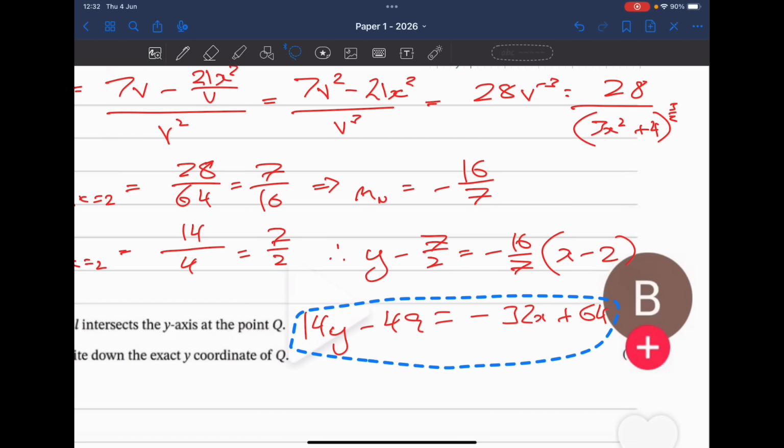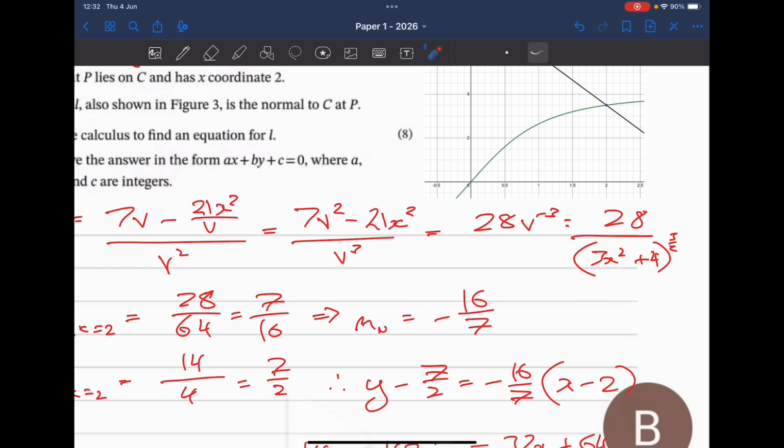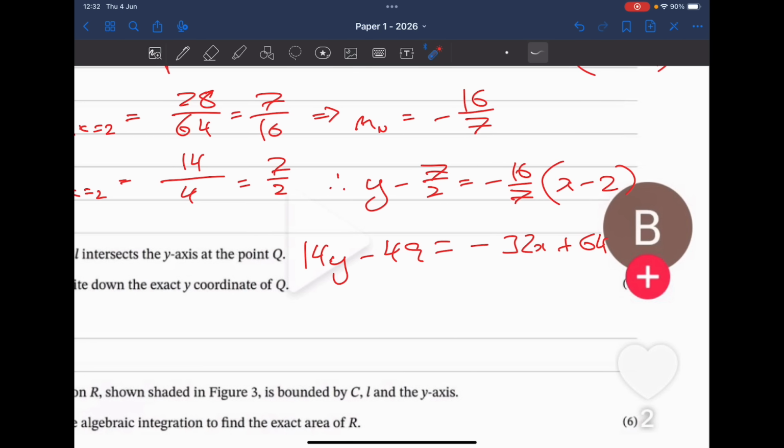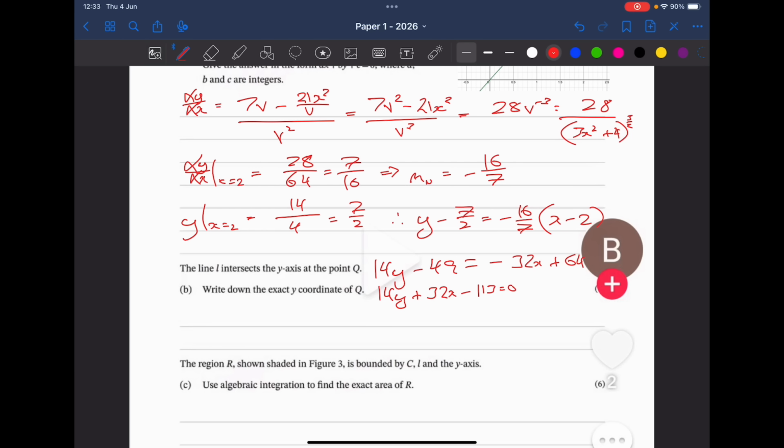If I collect these together and make it in the form, what do they want? They want all equals 0. So I will have 14y plus 32x minus 113. Double check that: 49 plus 64 is 113. Is that the same as yesterday? It is exactly the same as yesterday. So that's a good sign.